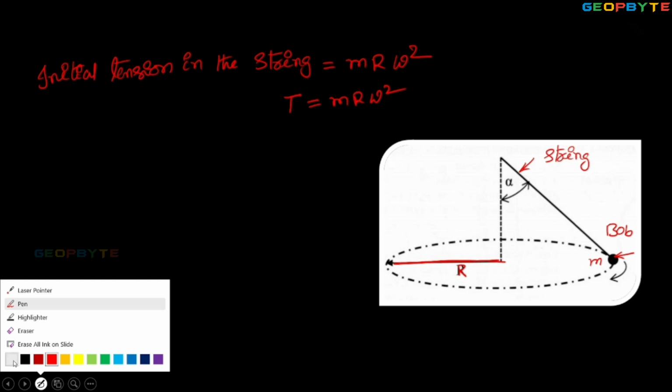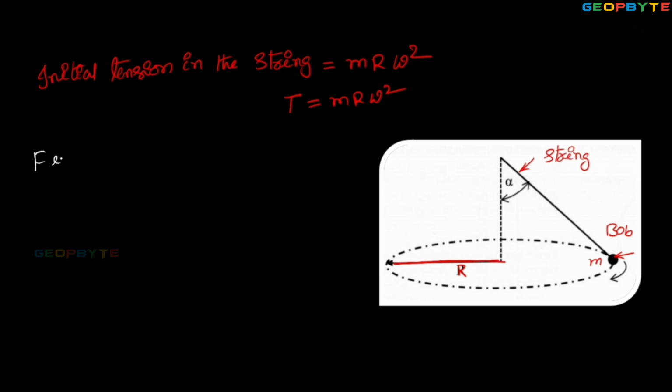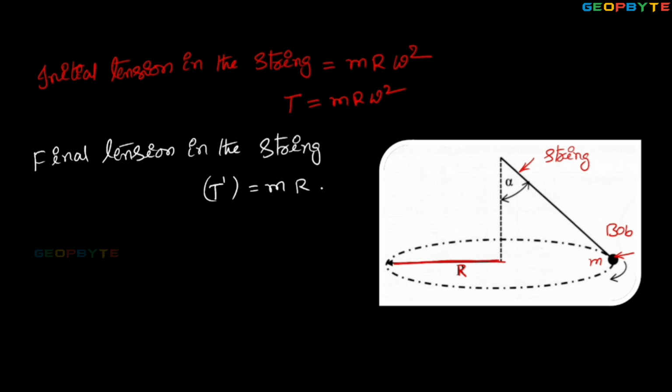Final tension in the string, let it be T dash, equal to m remains same, r remains same, omega becomes omega dash whole square. What is omega dash? It is equal to 2 times the omega.